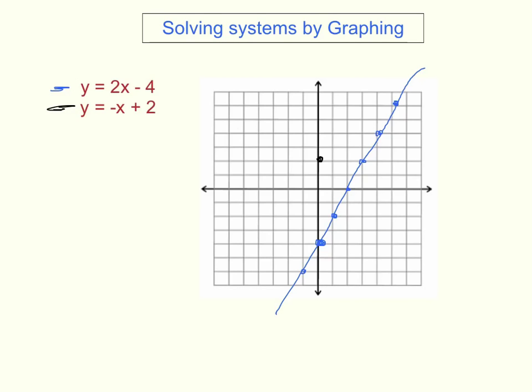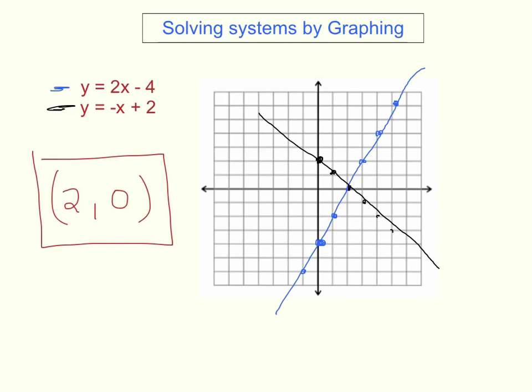These are both already in that y equals mx plus b form, but if they're not, then you would need to change it. And as you can see, they're going to cross right there at (2, 0). So your solution to this system is (2, 0).